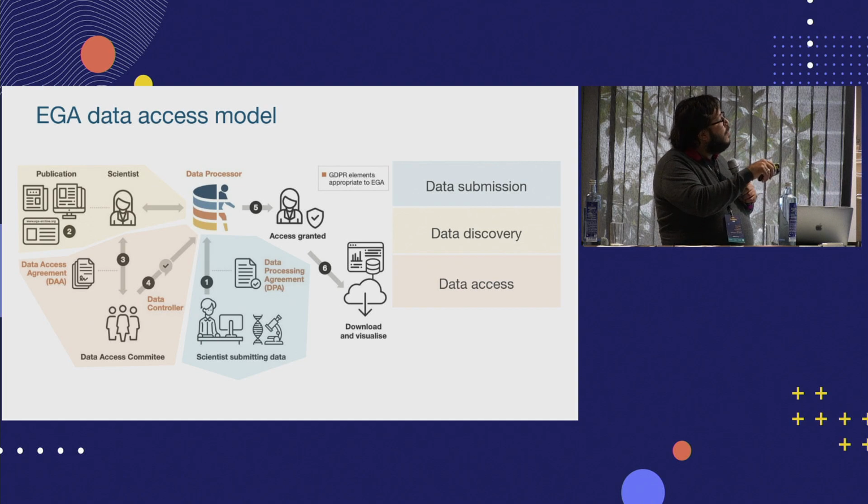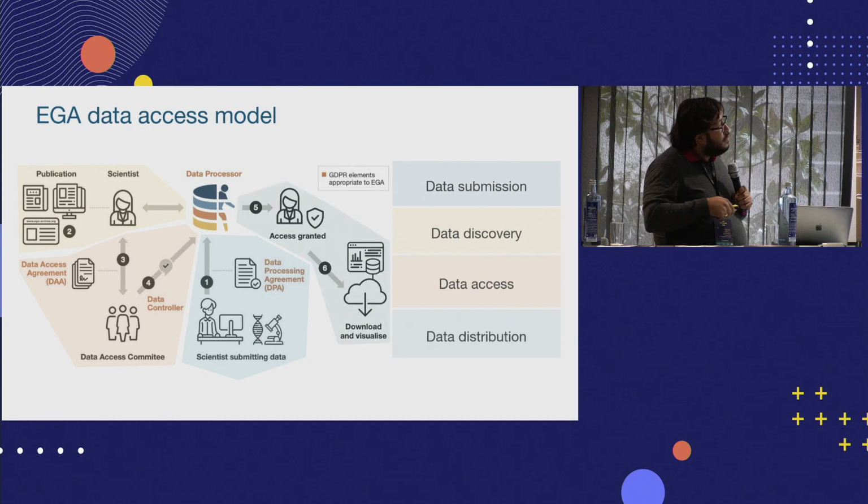Once that is verified, a data access agreement is signed. Again, it is not just the researcher but also the institution guaranteeing that the data is going to be properly used. And finally, data is made available, downloaded, and made visible to that particular researcher.